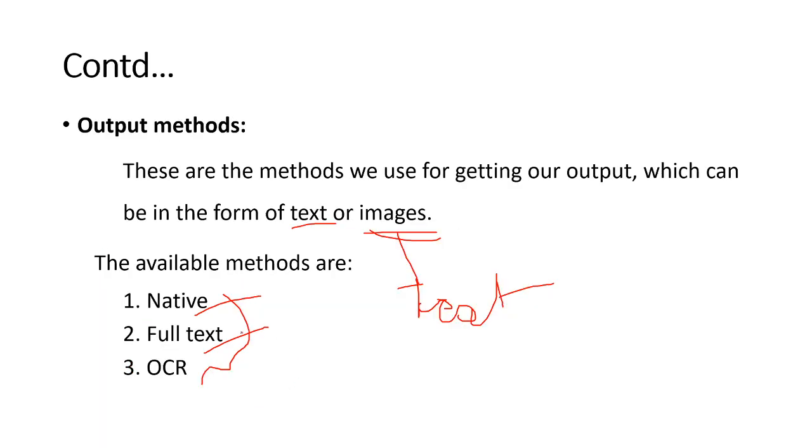Okay, and the output is, as I said, either text or images. In case of images, if you want to extract the text present in the images, you can use either the native method, full text method, or OCR method. We shall see how we can use these, and their advantages and disadvantages, in the coming classes. Clear?